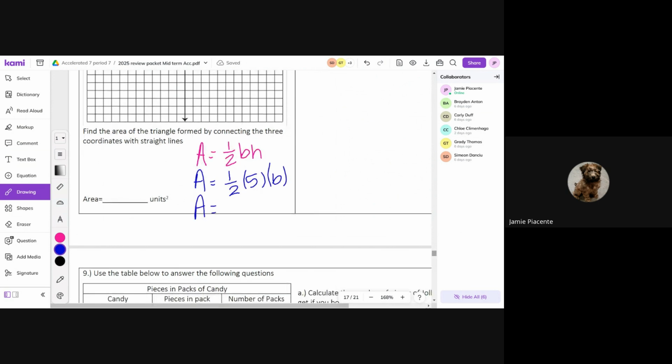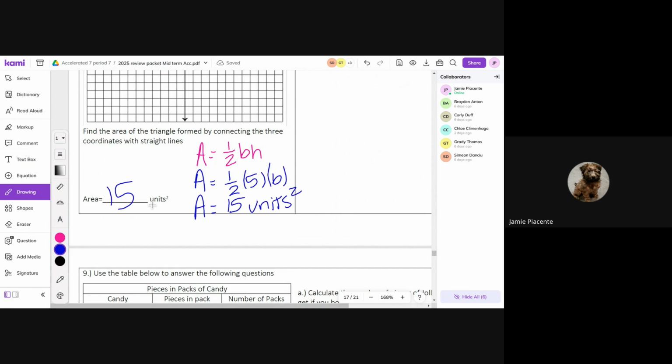So 1/2. I like to do my numbers over here first and then take half of that, but it doesn't matter how you do it. This whole thing can be typed in your calculator as long as you have this work. So half of 30 would be 15 units squared.